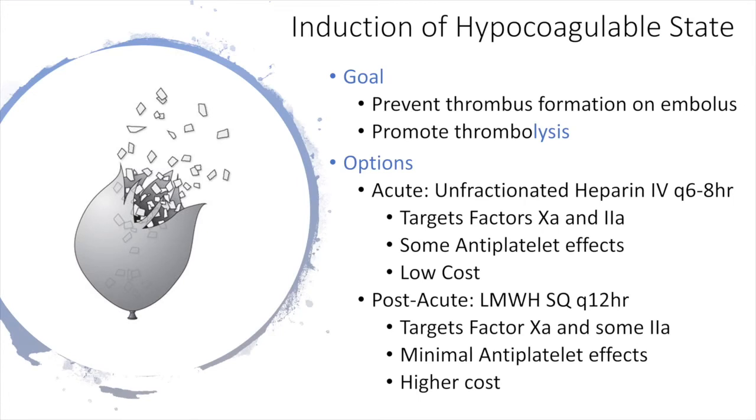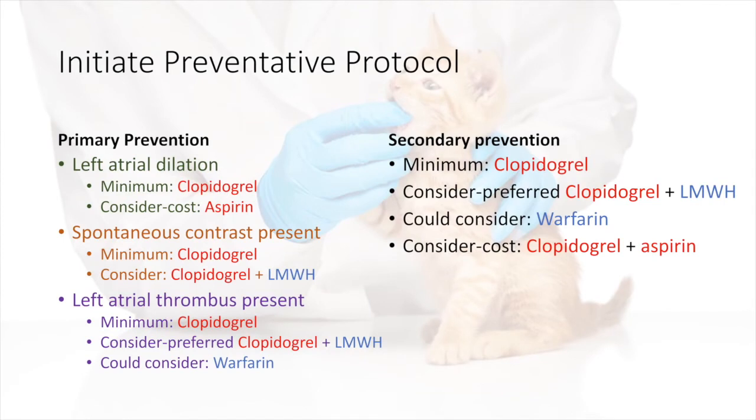Therapy intended to induce a hypocoagulable state is done so in order to prevent thrombus formation on the existing embolus and to promote thrombolysis. Anticoagulants like unfractionated heparin and low molecular weight heparin are commonly part of therapeutic protocols for both primary and secondary preventatives.